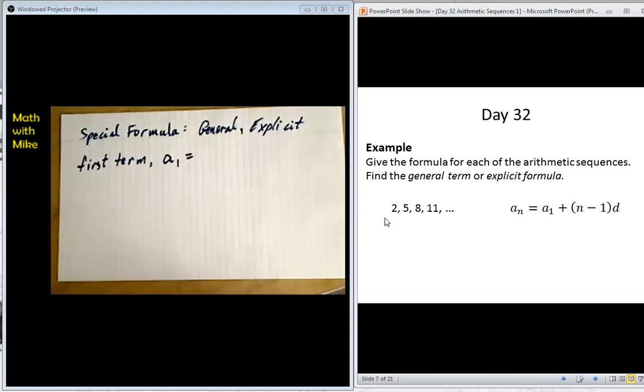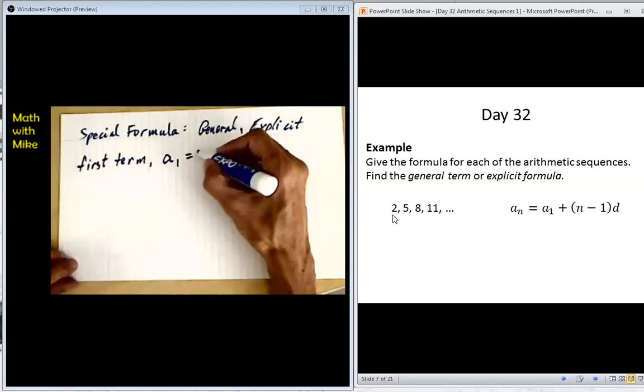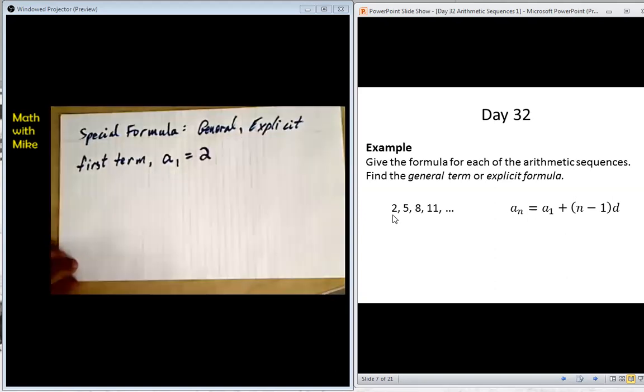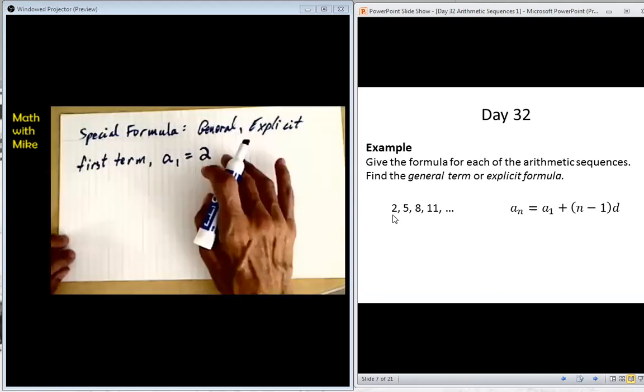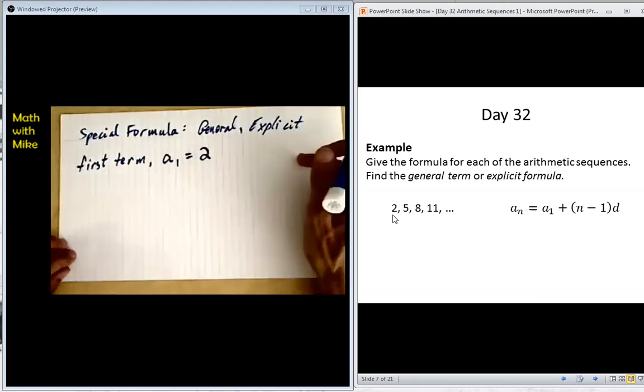So the first one, looking on the screen, the first number in the list is 2, right? So the first term is 2. We don't need it for the formula, but what's the second term? What is A2 going to be? Yeah, A2 is 5. What's A3? 8, right? That's how that works.